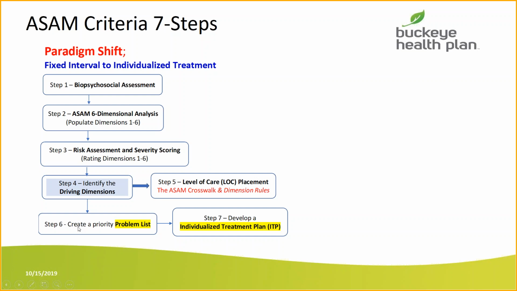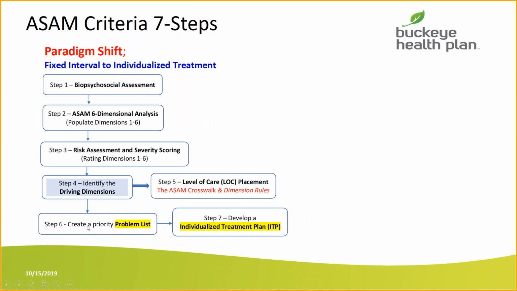Step 4 also takes you to step 6, because these driving dimensions, the areas that have the highest scores, are also the areas where the priority problems are. And these are the problems that you want to delineate, and these are the problems that you want to correct, treat, diminish when you get to the individualized treatment plan.